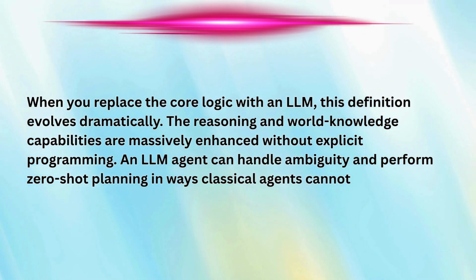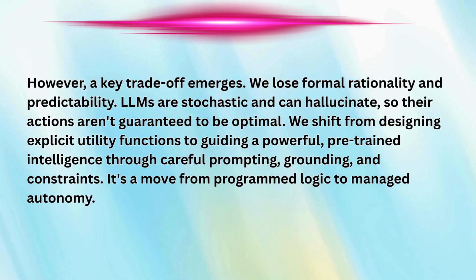An LLM agent can handle ambiguity and perform zero-shot planning in ways classical agents cannot. However, a key trade-off emerges. We lose formal rationality and predictability. LLMs are stochastic and can hallucinate, so their actions aren't guaranteed to be optimal. We shift from designing explicit utility functions to guiding a powerful, pre-trained intelligence through careful prompting, grounding, and constraints. It's a move from programmed logic to managed autonomy.